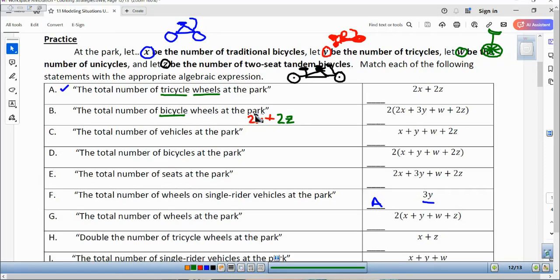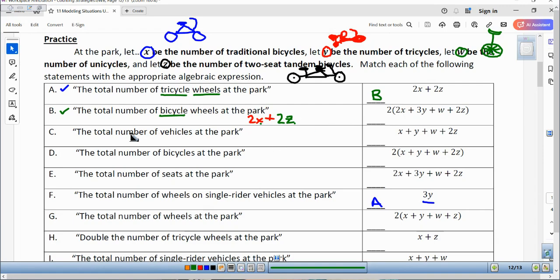But this will tell us how many wheels there would be. If you tell me how many regular bikes there are, traditional bikes, and you tell me how many tandem bicycles there are, this little rule, which by the way is this one, B, will explain how many wheels there are for that scenario.